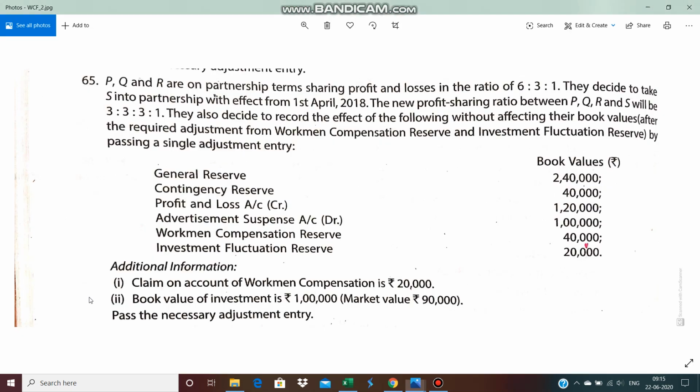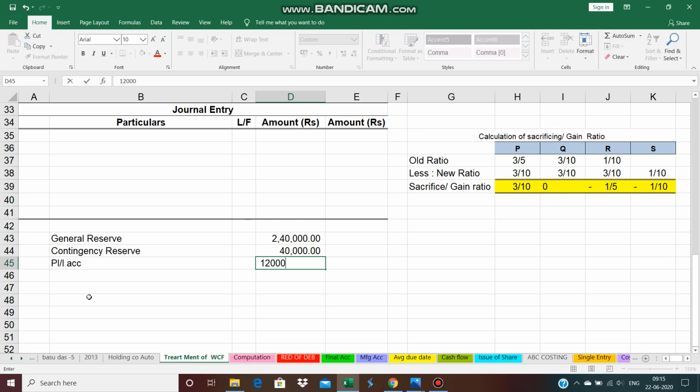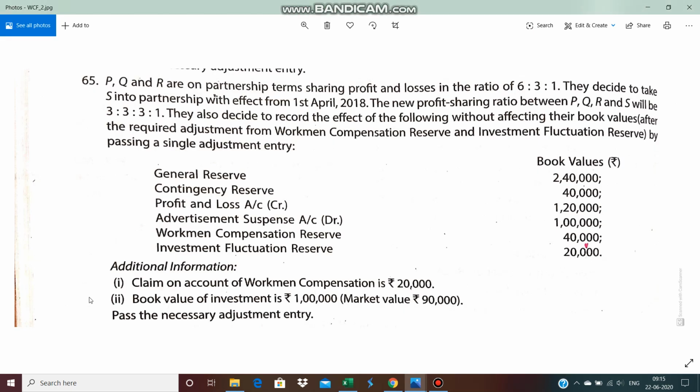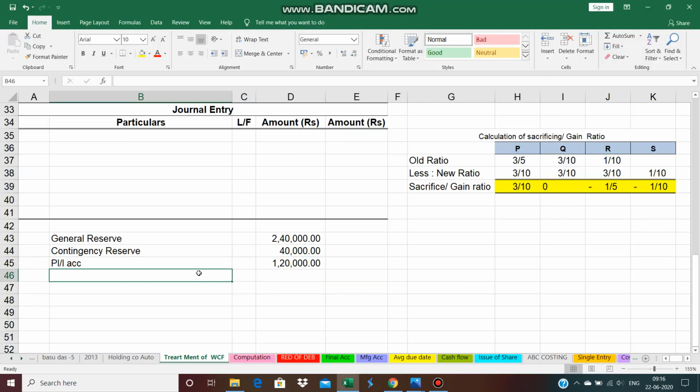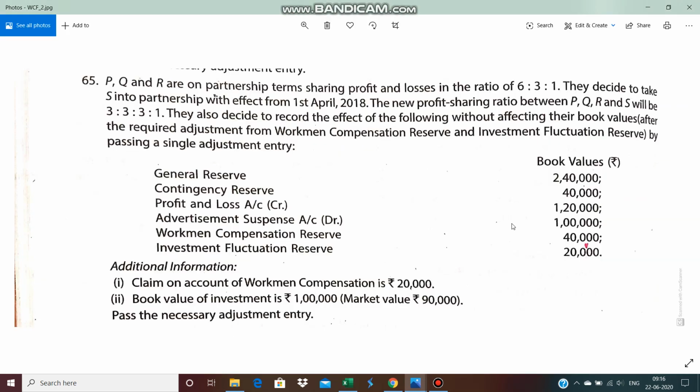P&L account credit is 1,20,000. Now advertisement suspense is a debit, so advertisement suspense debit will be less. First we add all these credited things. Suppose workman compensation reserve is a credit, so you can write WCF. But the WCF is 40,000.